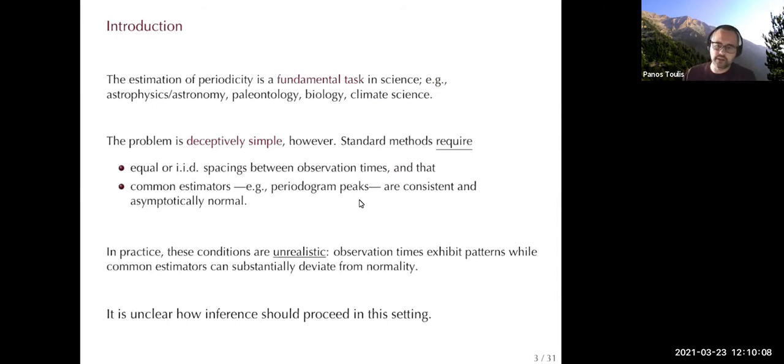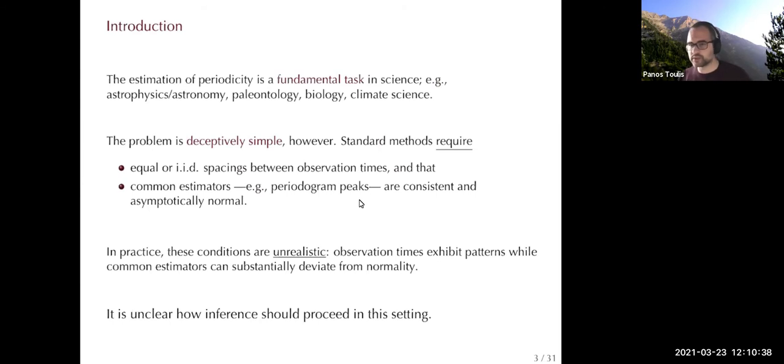Now, the argument in this paper, and this is how we start, is that these conditions are highly unrealistic in this setting. First, the observation times do exhibit very strong patterns. They have their own periodicities, and that's a problem for inference. And second, the estimators are applied on likelihood models that are highly irregular. The fact that we work with irregular likelihoods, with irregular models, means that the estimators can substantially deviate from normality.